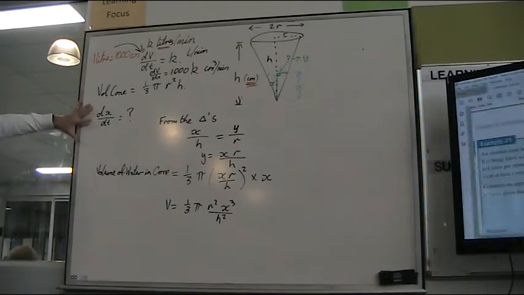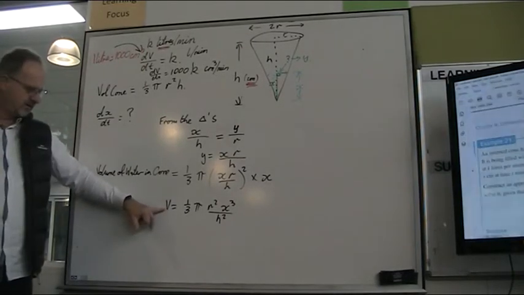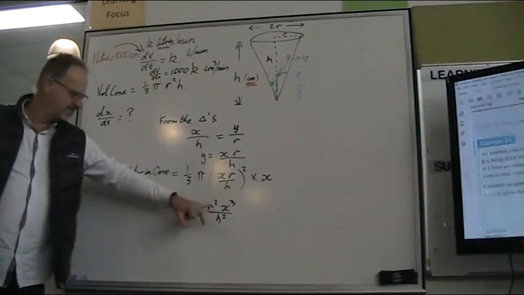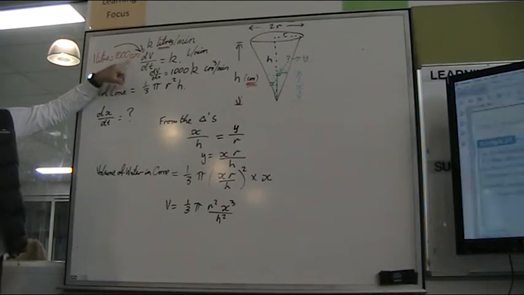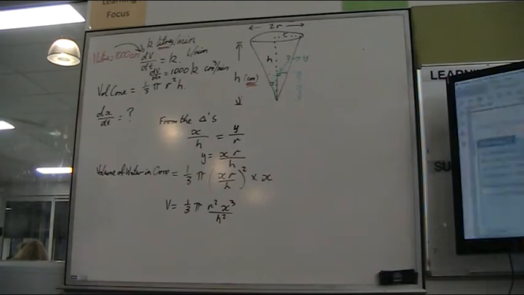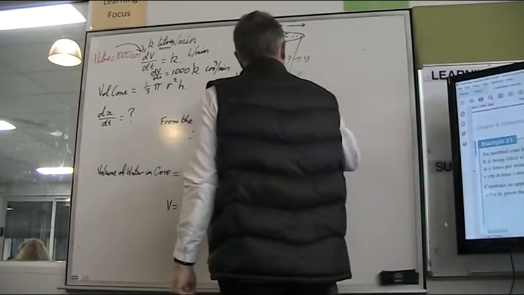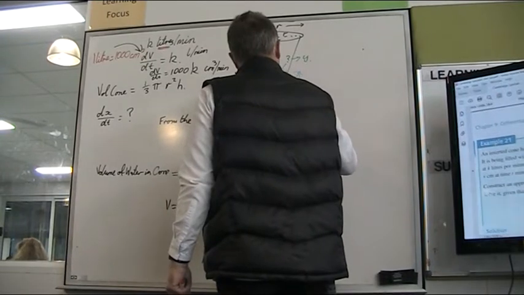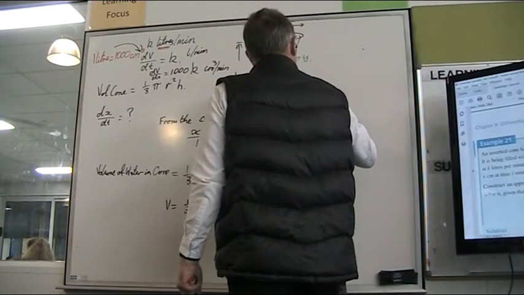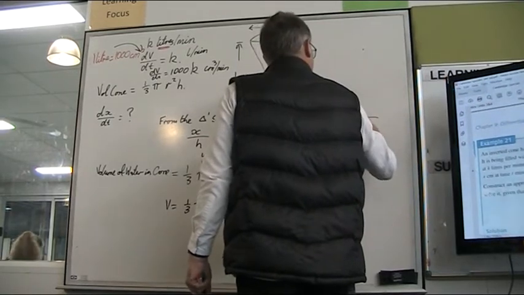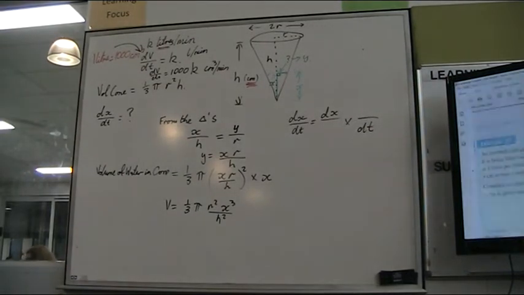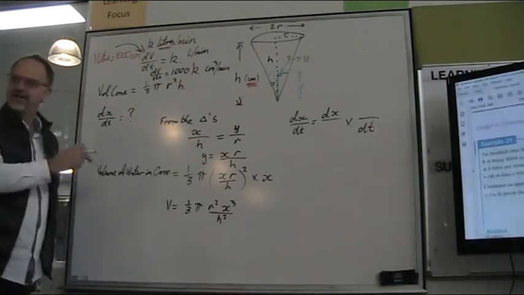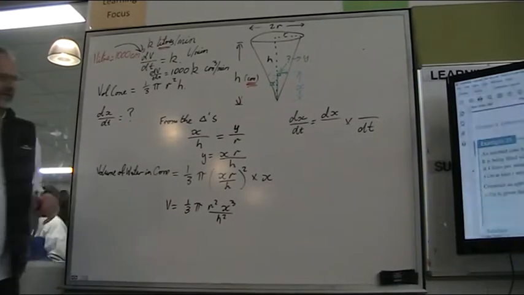With this volume that I've got, I can get dv dx. I've got dv dt, and I need dx dt. So let's have a think about that. dx dt, need the dx up there, need the dt down here, and the thing that's going to link them together is the v, the volume.